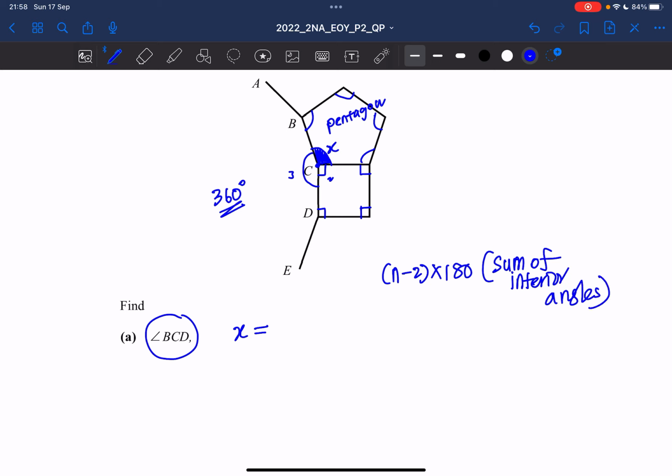Since it is a pentagon, it is 5 minus 2 times 180 divided by 5. So our x is equal to 3 times 180 divided by 5, which is 108 degrees.